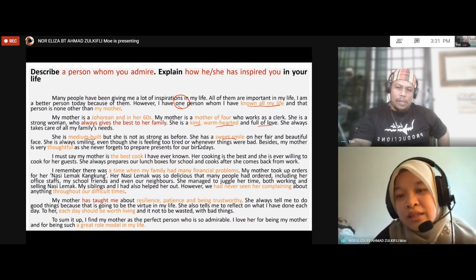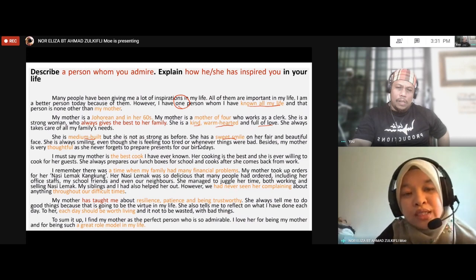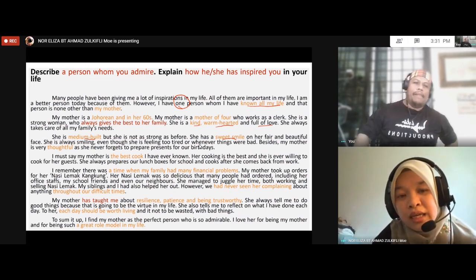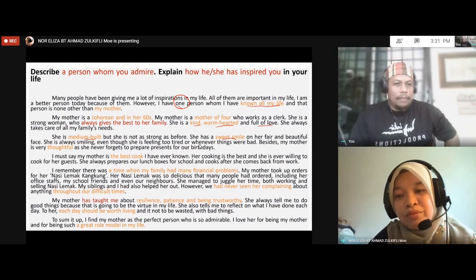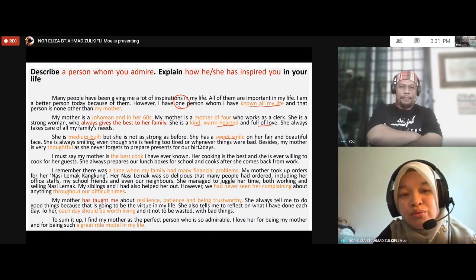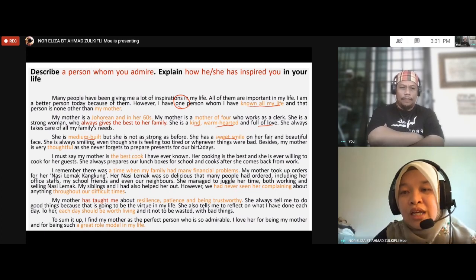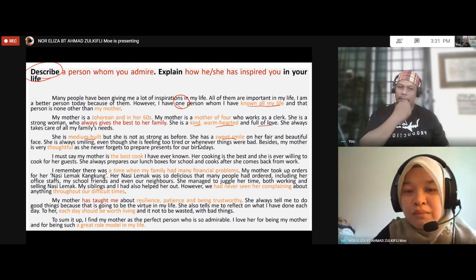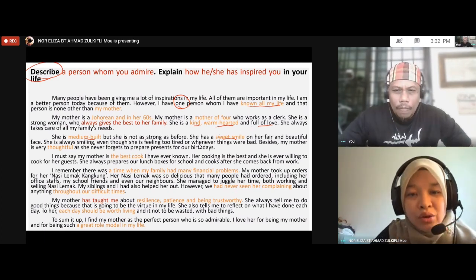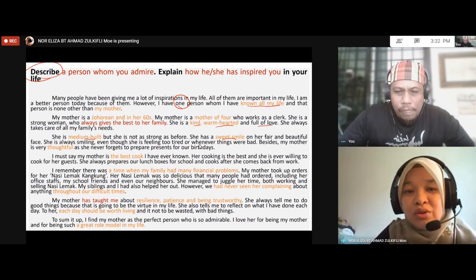She has a sweet smile on her fair and beautiful face. She's always smiling, even though she's feeling too tired or whenever things were bad. Besides, my mother is very thoughtful, as she never forgets to prepare presents for our birthday. So this is describing. Do I have all the points I brainstormed earlier? Yes. All the points that I brainstormed earlier are already in my first, second, and third paragraphs.